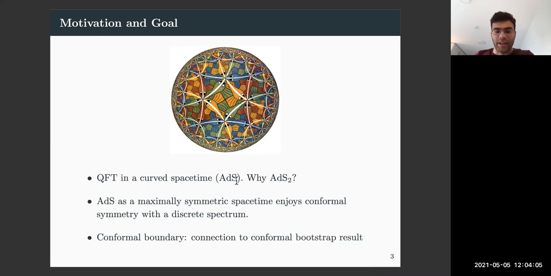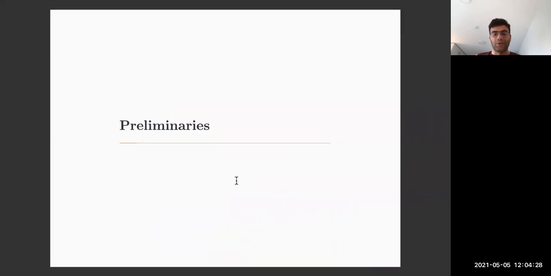AdS itself is a maximally symmetric spacetime that has conformal symmetry that will give us this discrete spectrum that is very useful in Hamiltonian truncation. And also it has a conformal boundary that connects our results to already well-established conformal bootstrap results. Yeah, that's it about the motivation.